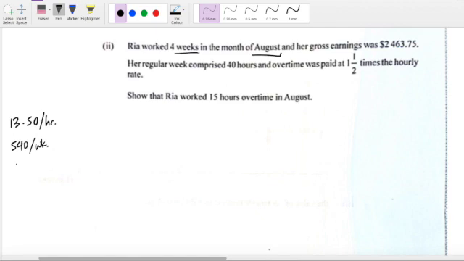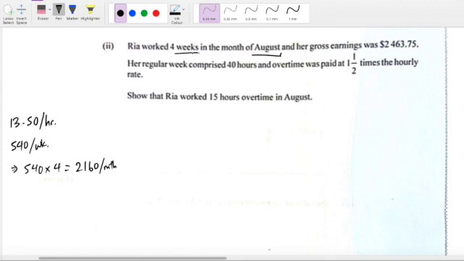So for 4 weeks implies $540 times 4, which gives us 2160, and this will be per month, right? Or per every 4 weeks, yeah?